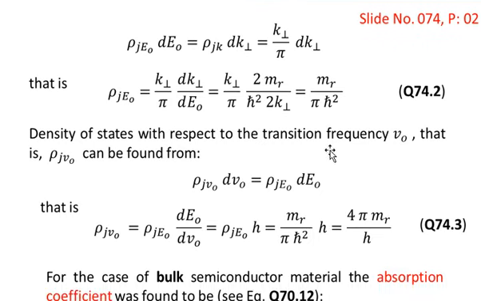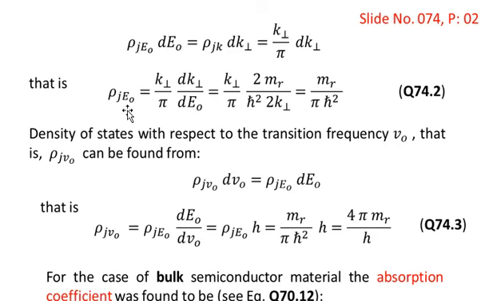Density of states with respect to transition frequency nu naught, that is rho j nu naught, can be found as follows. You see that we have given the density of states with respect to energy in equation number 2. Now we are going to compute the density of states with respect to the transition frequency nu naught.